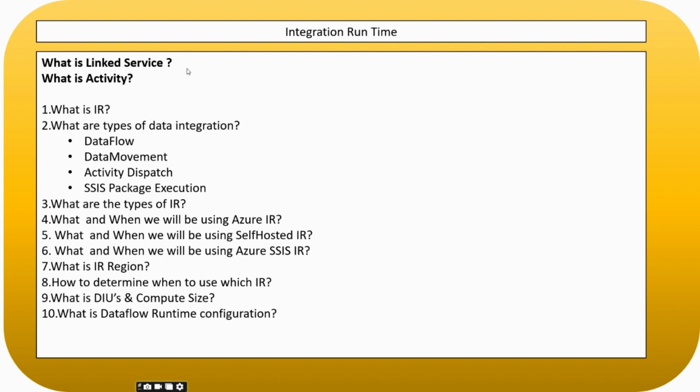If you don't know these background concepts and you design a pipeline, you will get confused in between. That's why we should understand these concepts. Next, we are going to see the data integration types, where IR capabilities can be utilized.